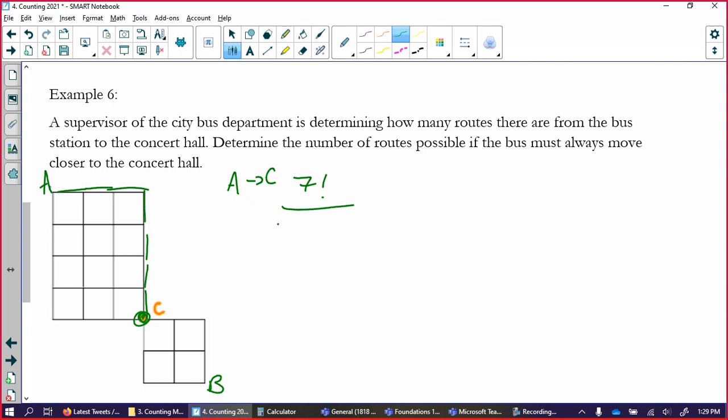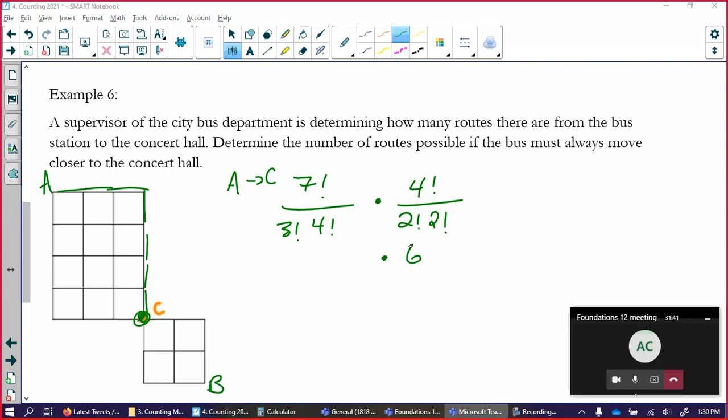We have 3 factorial and then 4 factorial. To get from there to there, it's 4 factorial divided by 2 factorial, 2 factorial. 4 times 3 is 12 times 2 is 24 divided by 4.